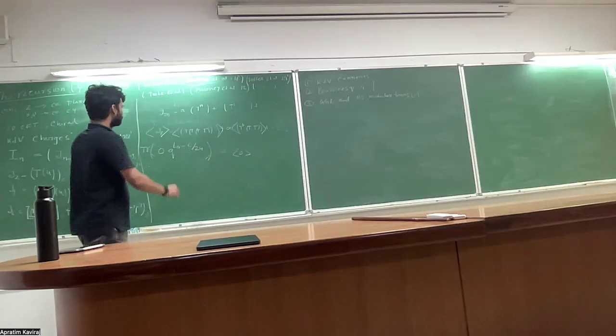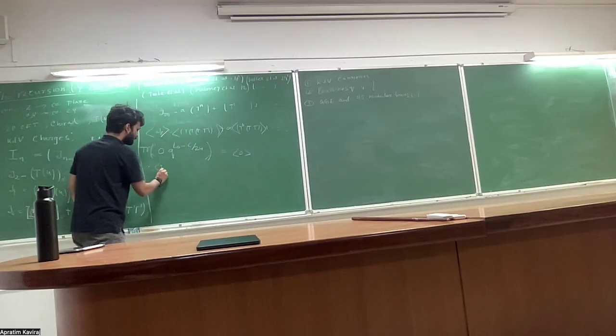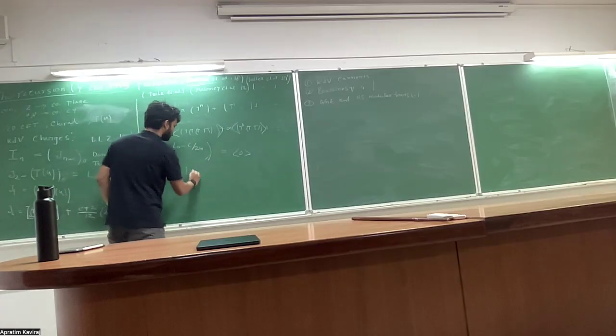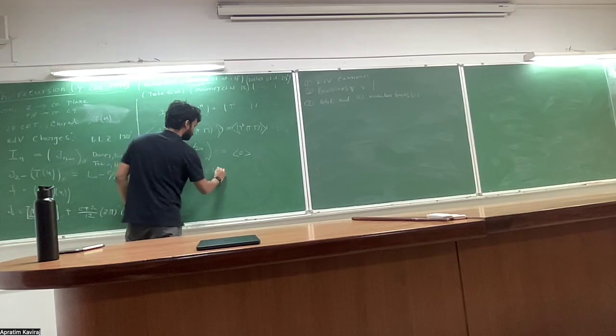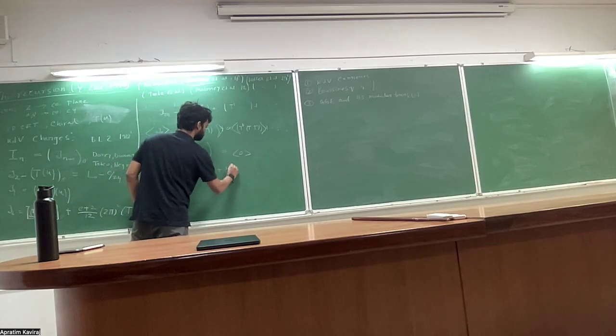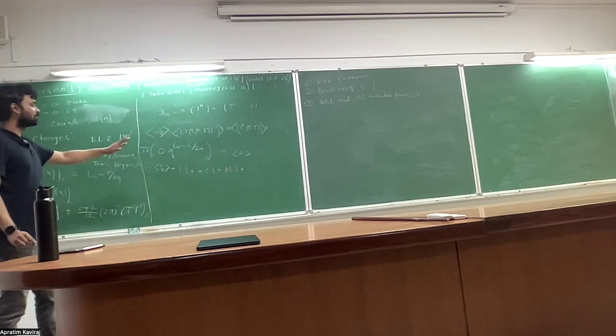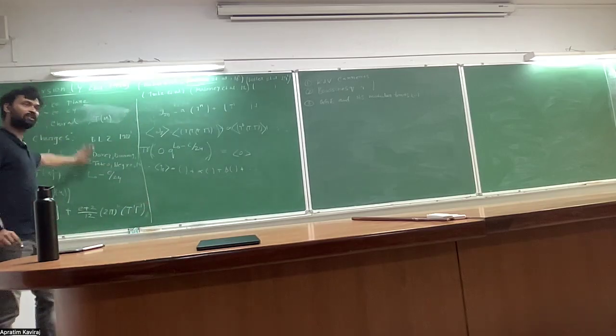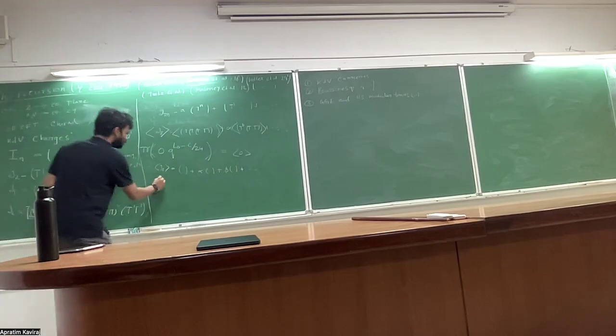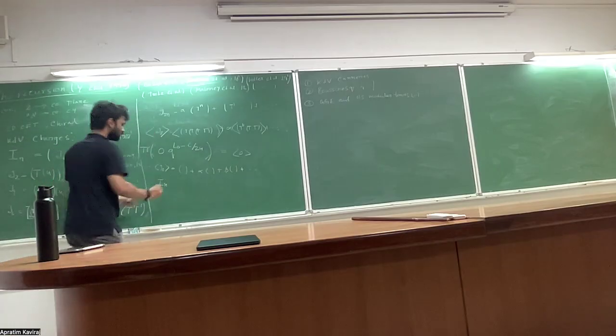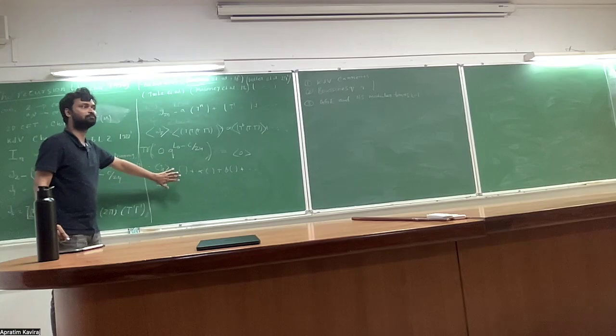So you compute the thermal correlator exactly, whatever plus alpha, some beta. And because we know the spectrum of the charges exactly, we can compute the charge. I will tell this properly. I'm just giving you an idea of what I'm trying to do.